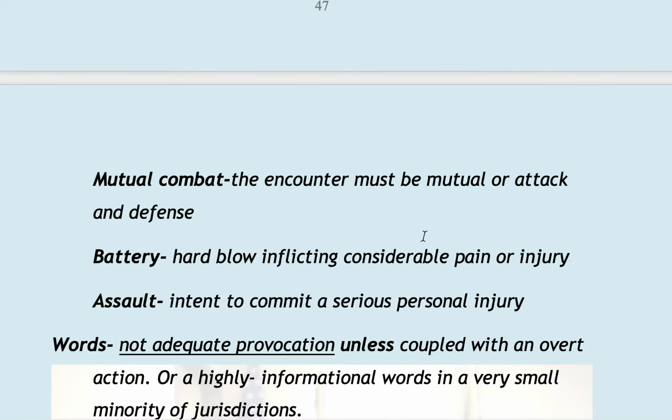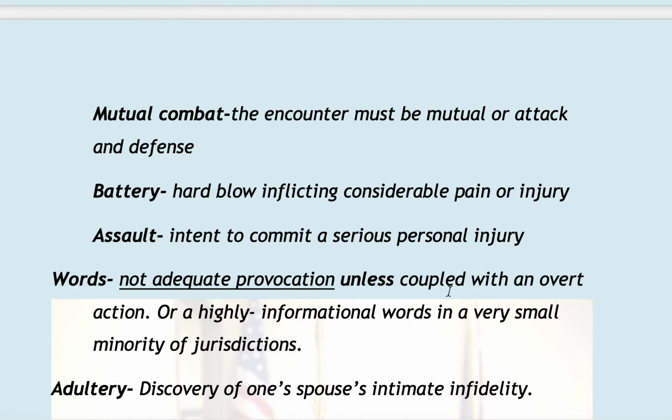The encounter must be a mutual attack and defense, and that's a physical attack. It's not psychological sparring. Battery: a hard blow inflicting considerable pain or injury. Assault: intent to commit a serious bodily injury. It can't be light touching; it has to be intent for a serious injury.